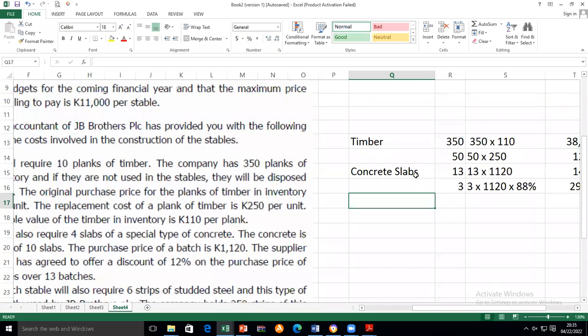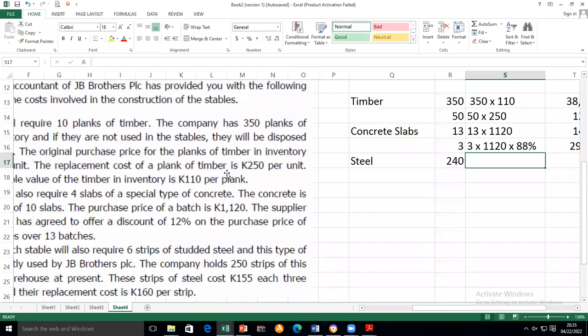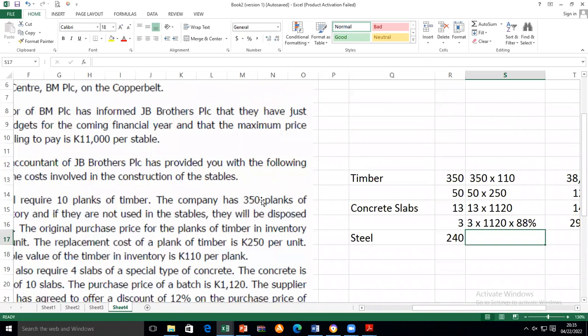So we call it steel. We need 240 of them. What's the price? Per strip is 160. So that's 240 by 160.